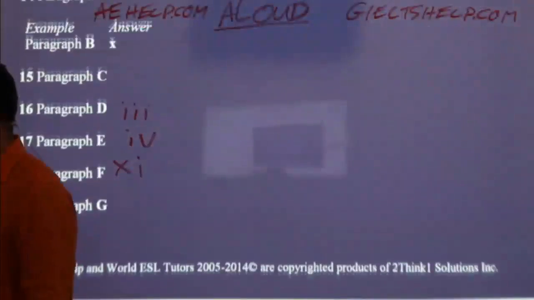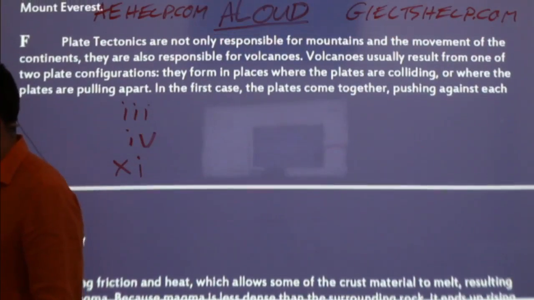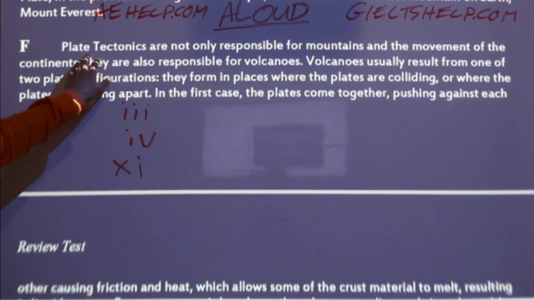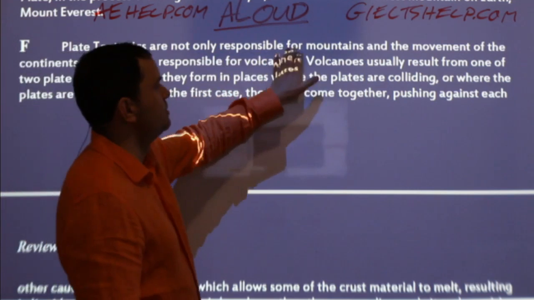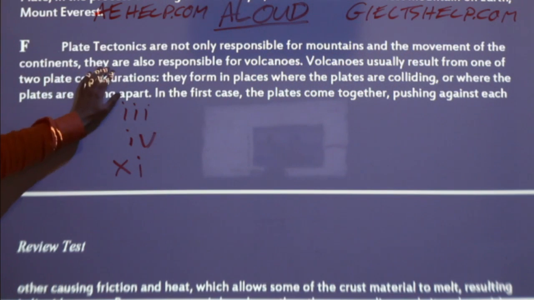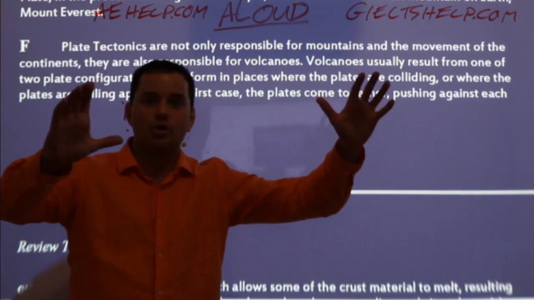So here we go. If we look at this paragraph, look at how clear the topic sentence is. Plate tectonics are not only responsible for mountains and the movement of continents, they are also responsible for volcanoes. Bada boom.